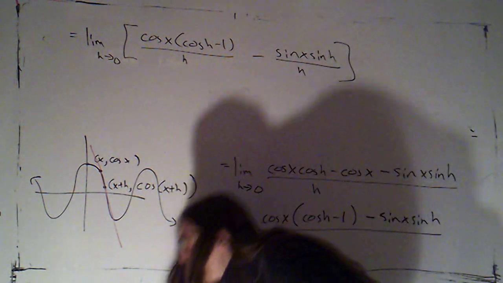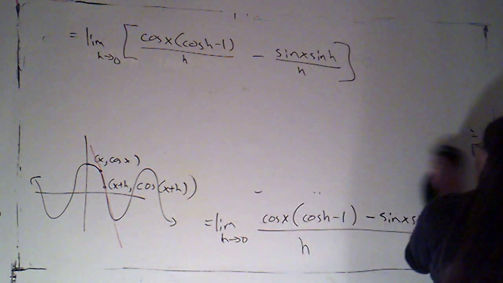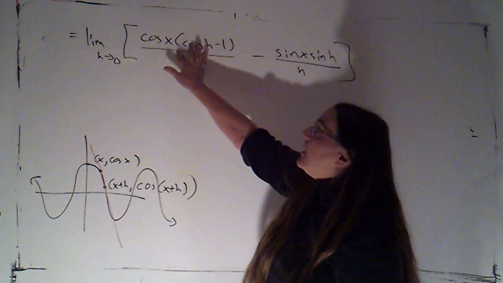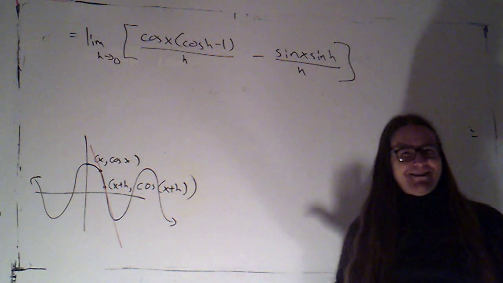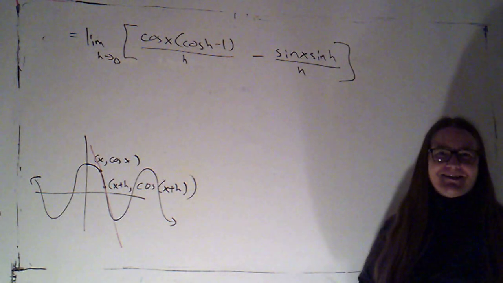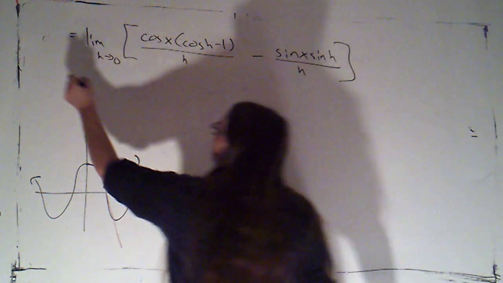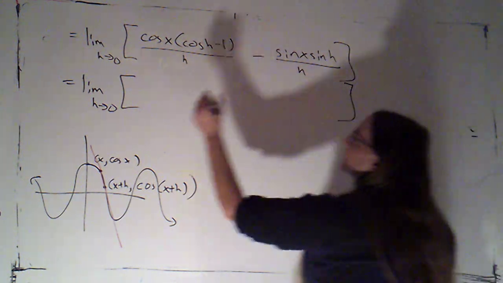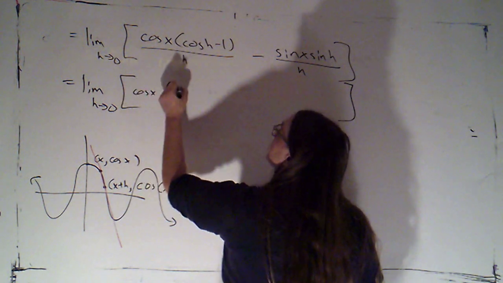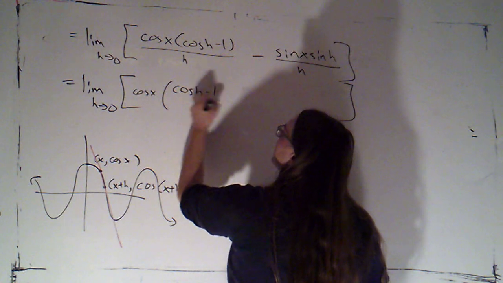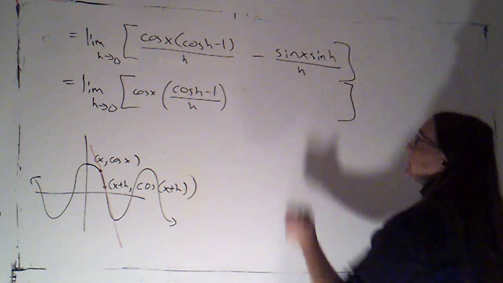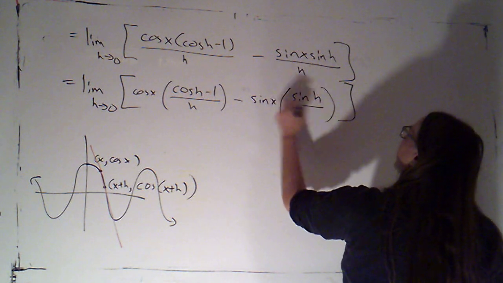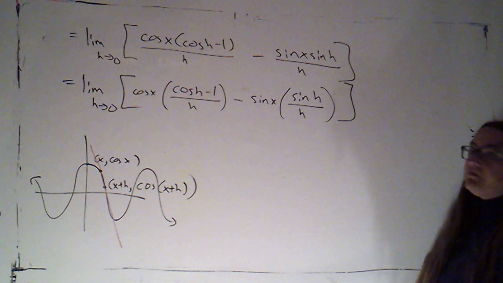And just like when we were finding the derivative of sine, the top of both of those fractions is a product of two factors, one of which has h's in it and the other one doesn't. So I'm just going to separate those and say this is the limit as h goes to 0 of cosine x multiplied by the fraction cosine h minus 1 over h, minus sine x multiplied by the fraction sine h over h.